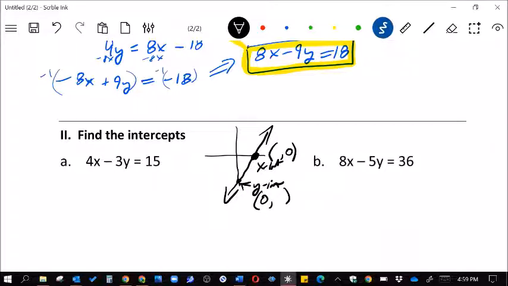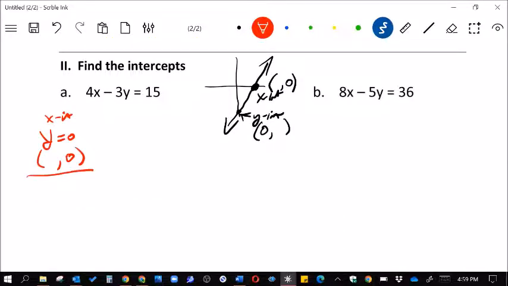So what I'm going to do now is put the zeros. I think the best way to do this is first for the x-intercept. That means that the y is equal to 0. So what we're going to do is put a 0 in for the y.